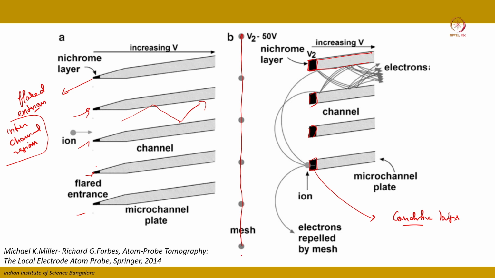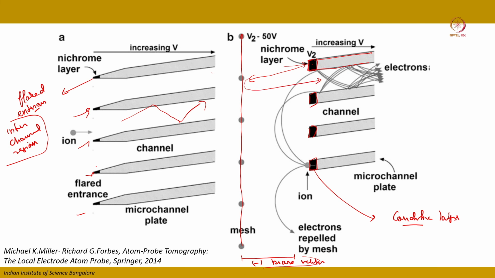With the front end there is a negative bias voltage, and when an ion strikes the interchannel region, the secondary electrons generated by that strike go to the mesh, and due to this negative bias voltage they are pushed back into the glass tube channels.